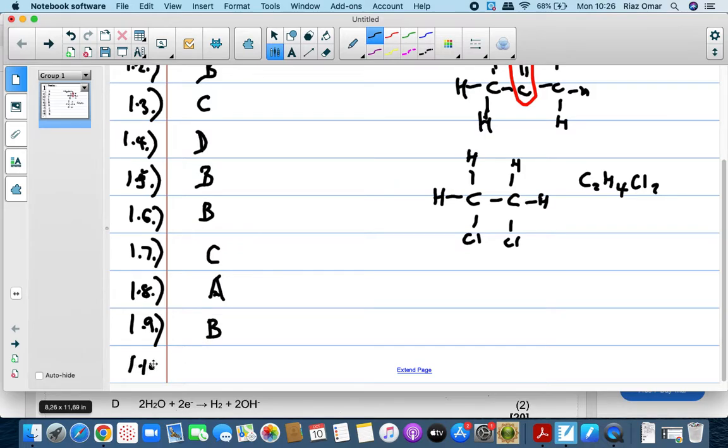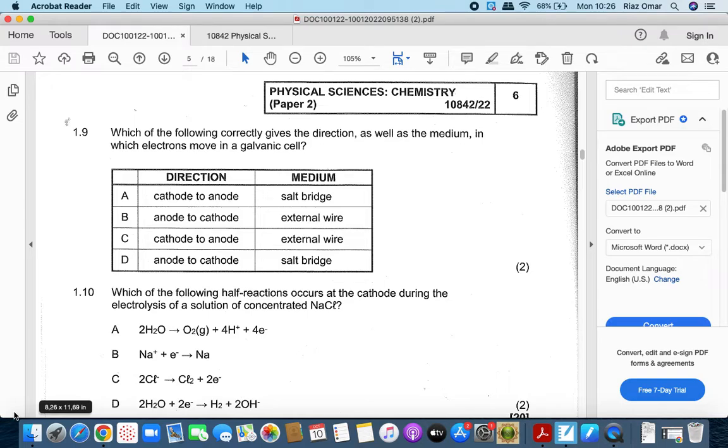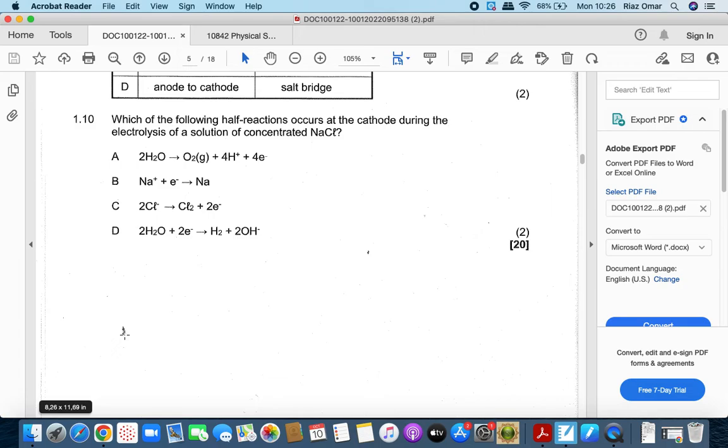And 1.10. The question is, which of the following half reactions occur at the cathode of the electrolysis of the solution of sodium chloride?